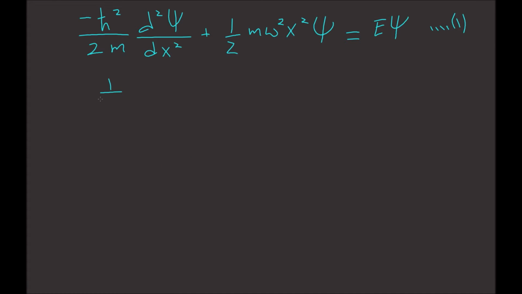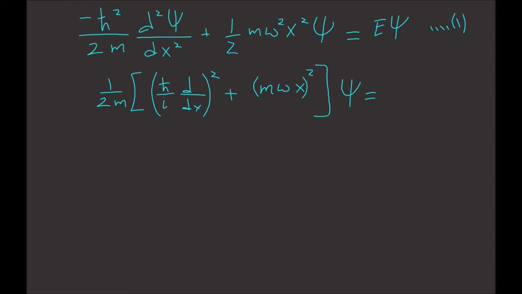Let's factor out 1 divided by 2m times (h bar over i d dx) squared plus (mass times omega times position) squared, times psi equals E times psi. So let's call this equation number 2.